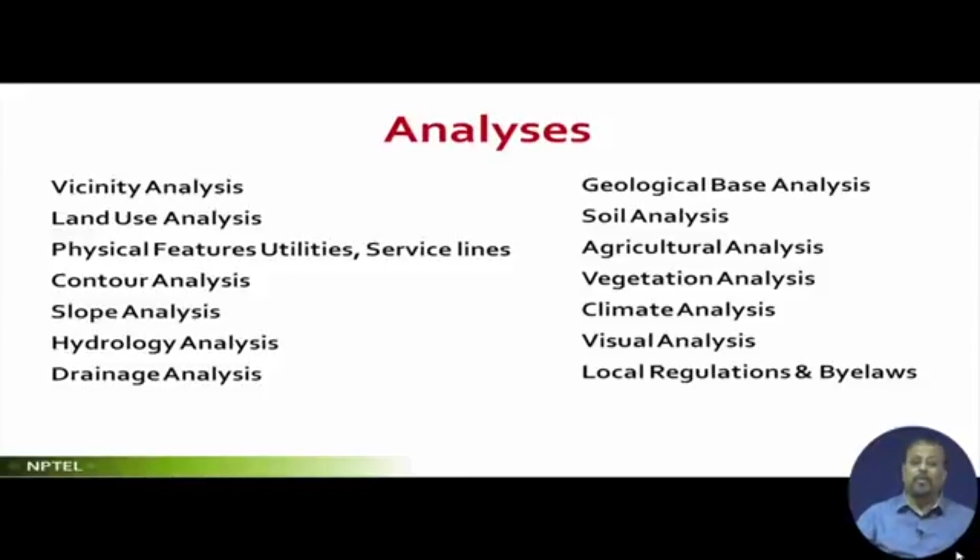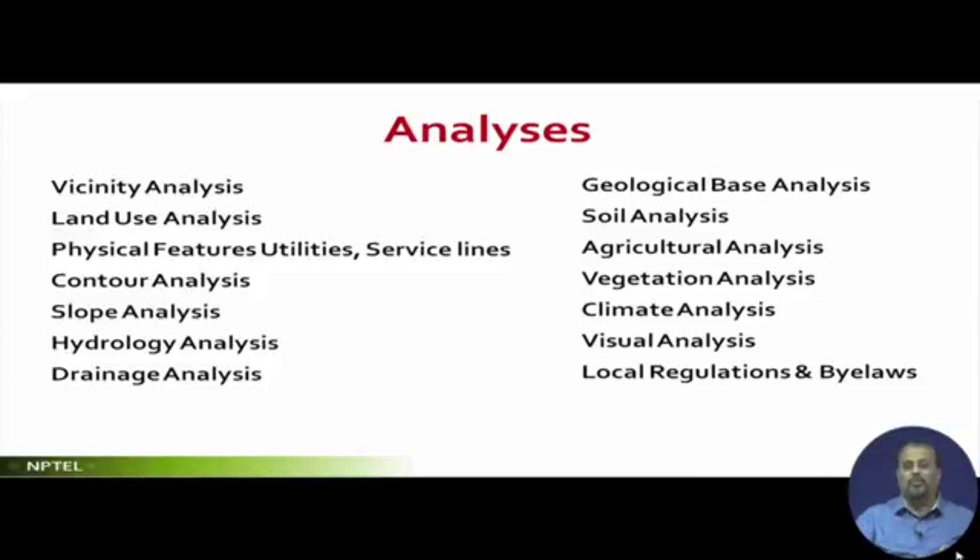The vicinity analysis, which I have already discussed in detail in my last lecture. Land use analysis, in which you are trying to find out, in that particular given site, what the existing land use is.